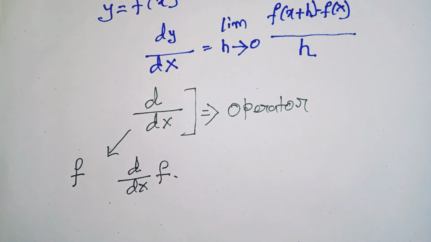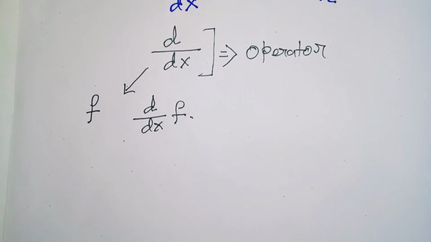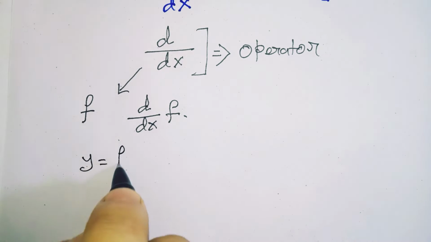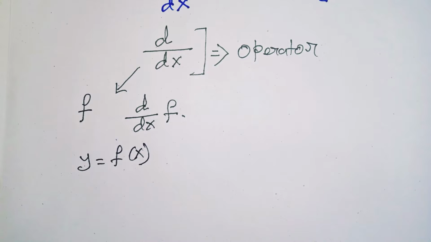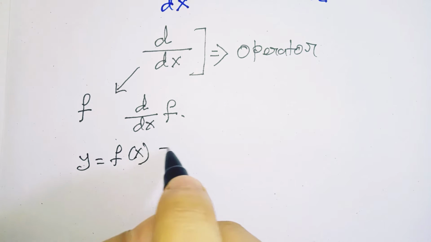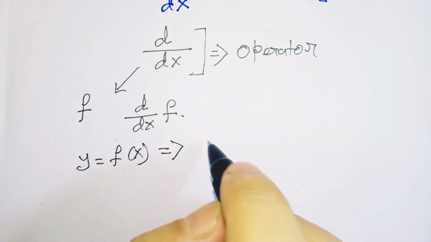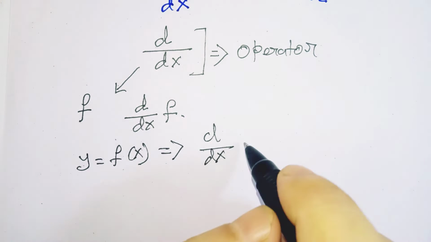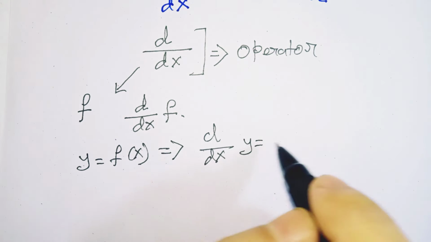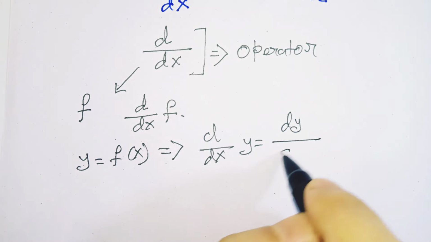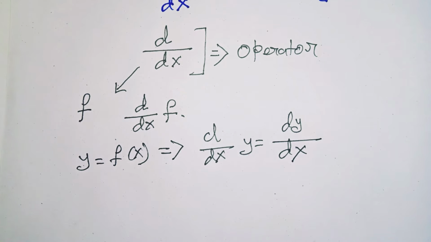So if we write something like y equals f(x), then this is similar to writing d by dx of y, and similarly we are using this equal to dy by dx, right?